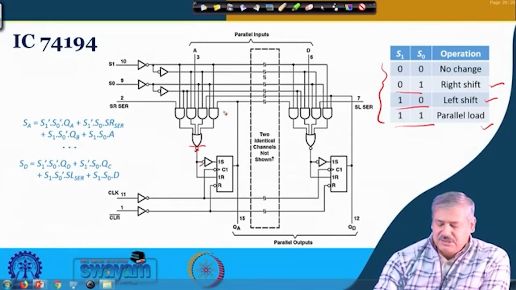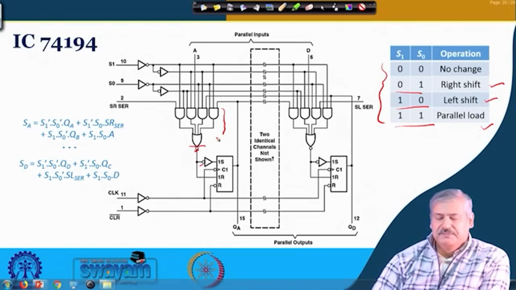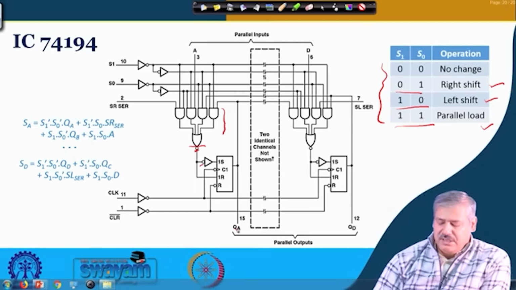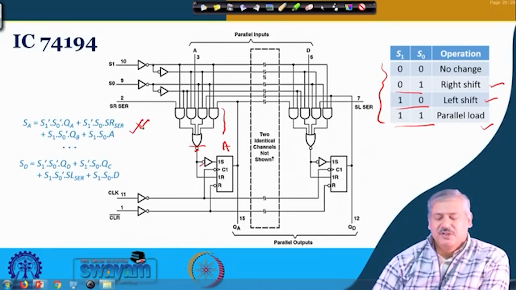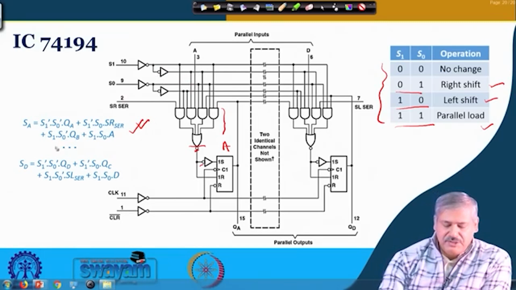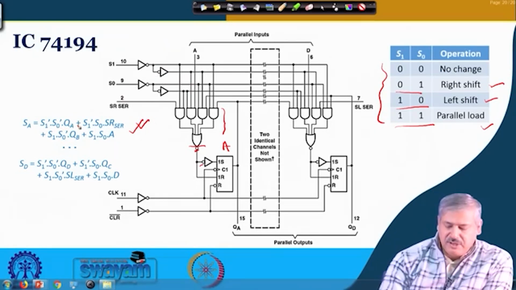And if you try to write it in the form of a Boolean equation for A, okay. So, this is your QA. So, this is flip flop A, right. So, this is how it would look like. If you look at it this way, S1 prime, S0 prime.